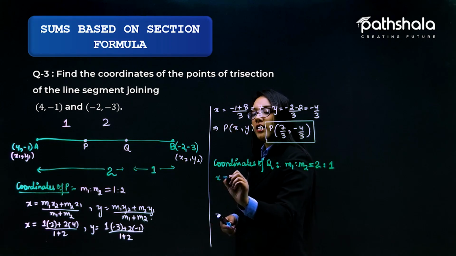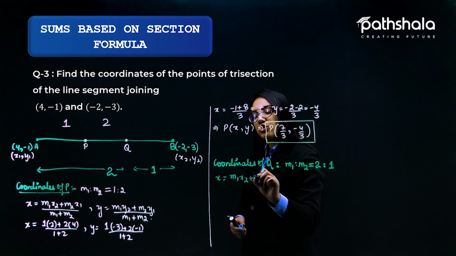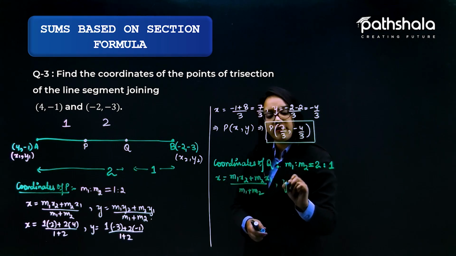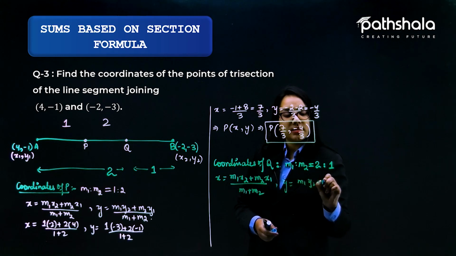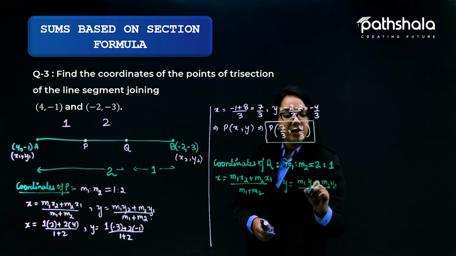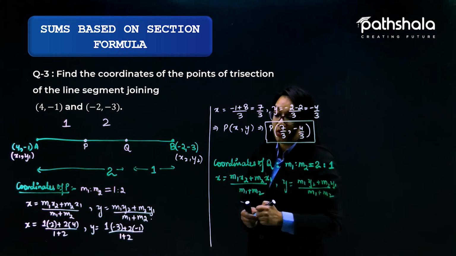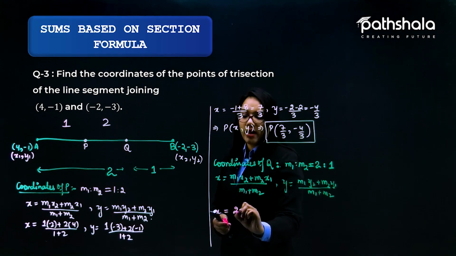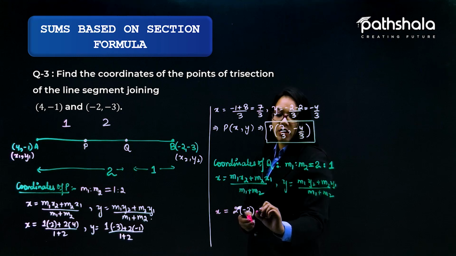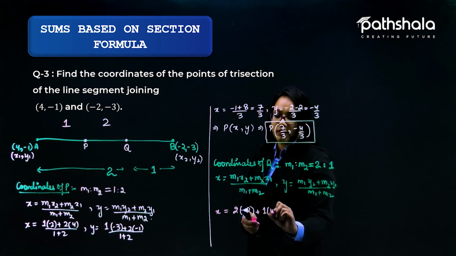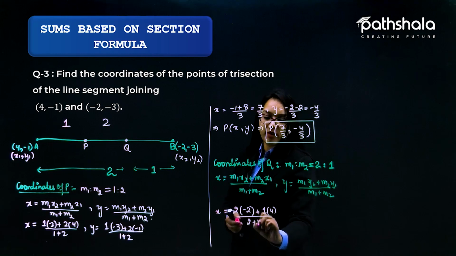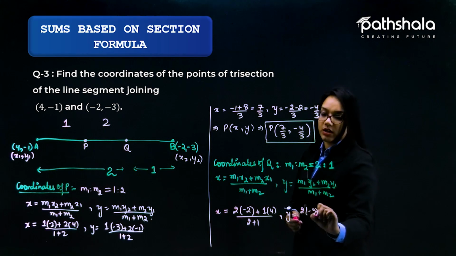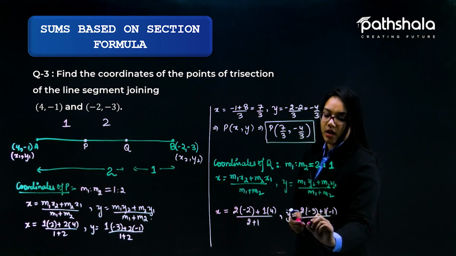Using the section formula again, x is m1 x2 plus m2 x1 divided by m1 plus m2, and y is m1 y2 plus m2 y1 divided by m1 plus m2. Plugging in the values, x is 2 into minus 2 plus 1 into 4 divided by 2 plus 1, and y is 2 into minus 3 plus 1 into minus 1 divided by 2 plus 1.